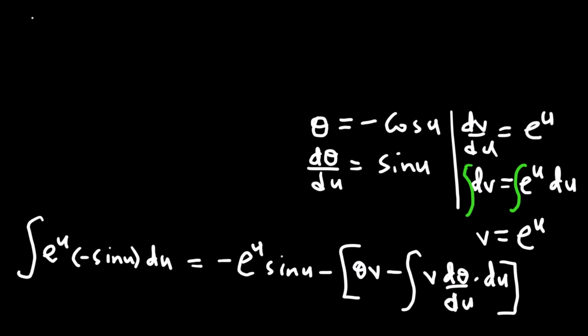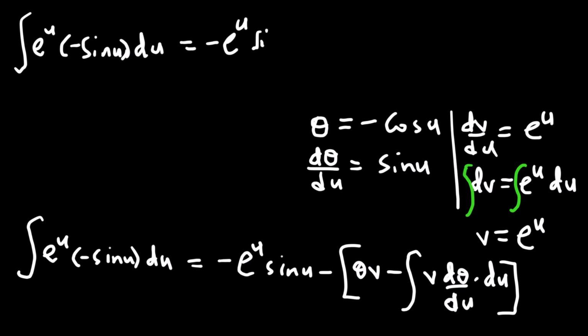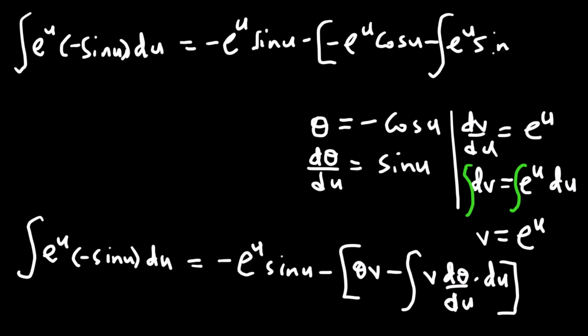So we shall have the integral of e to the power of u times negative sine u du equaling negative e to the power of u sine u minus theta times v, which will be negative e to the power of u times cos u, and then minus the integral of v, which is e to the power of u, times d theta/du, which is sine u, and then times du.